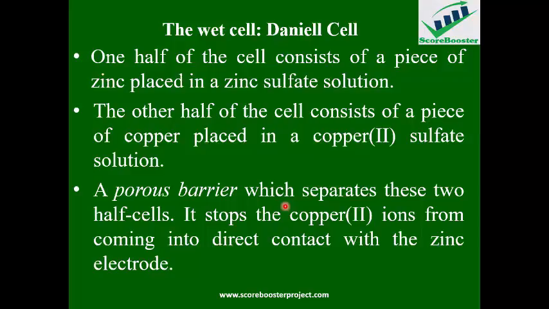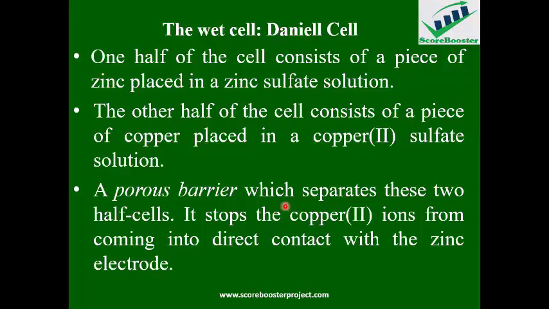Let's assume that in Daniell's cell that we are taking as an example, we have a copper cathode and we have a zinc anode. In the copper cathode, there's a solution of copper compound. In the zinc anode, there is a solution of zinc compound.